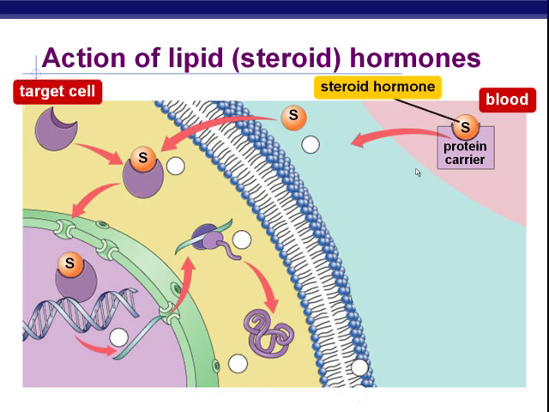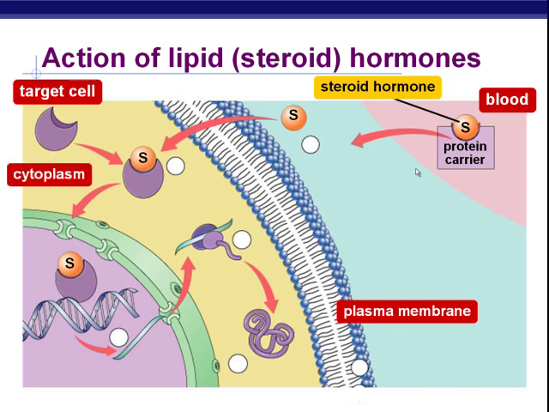And this over on the left side of the screen represents the target cell. This blue part with the white interior represents the plasma membrane. Remember, those are phospholipids, and the polar heads are on the outside, the nonpolar tails are on the inside. The cytoplasm is here, and the nucleus is represented by this purple area with the green nuclear membrane.